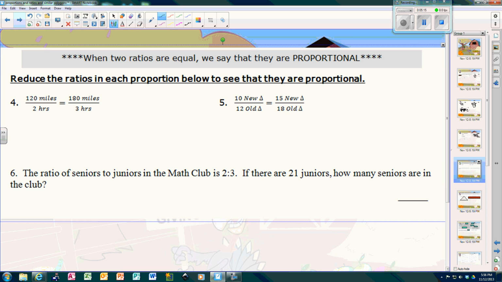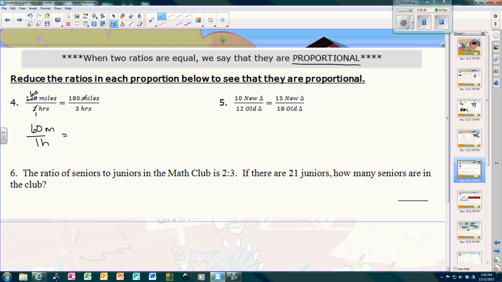All right. Now, when you have two ratios that are equal, they're called proportional ratios. For example, if we reduce each one of these fractions, we'll find out that they're really the same thing. If I go 120 miles in 2 hours, I really went 60 miles in 1 hour because I divide both sides by 2.